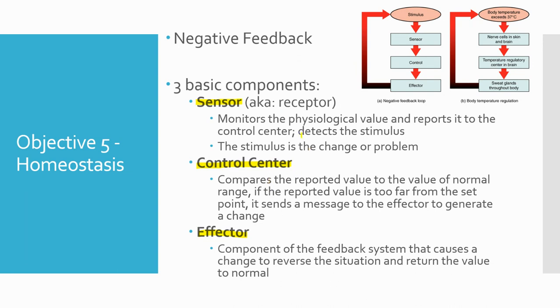So you sense the stimulus, then you analyze what's going on, and then you do something about it. The sensor monitors the conditions. The control center analyzes and determines what needs to be done. And then the effector is actually going to reverse the situation, actually do something about it to help maintain homeostasis.